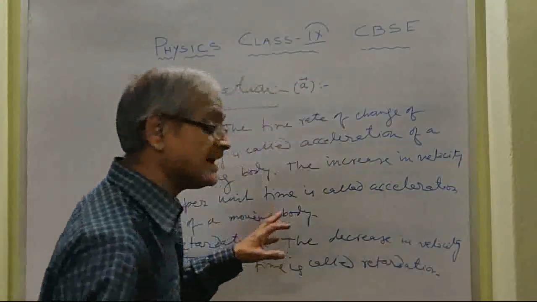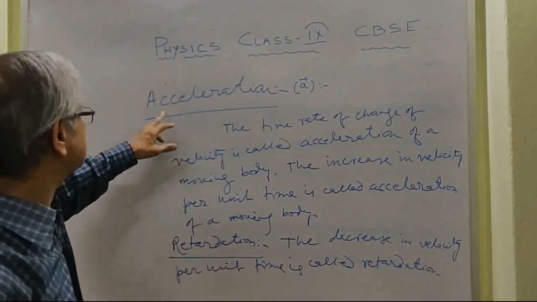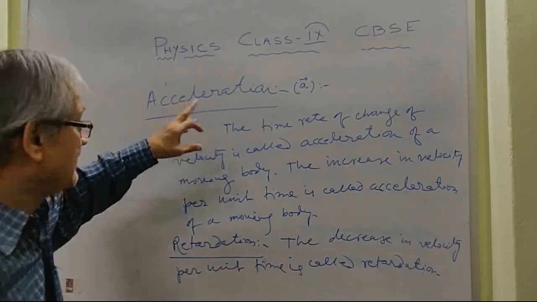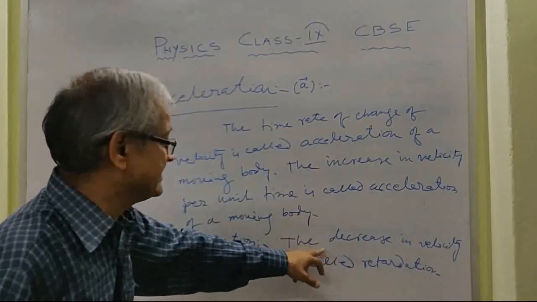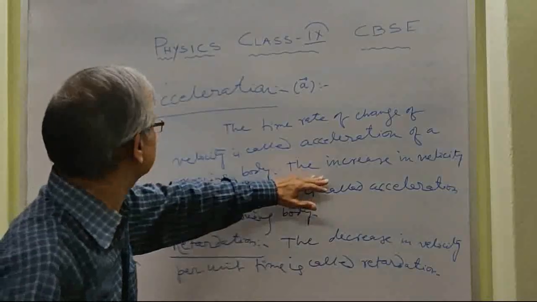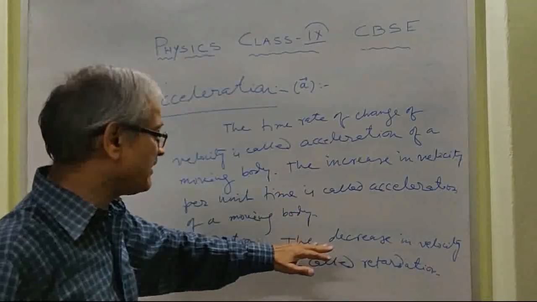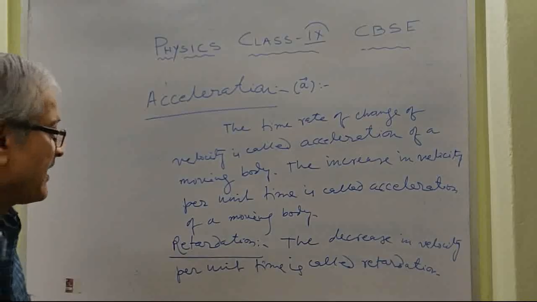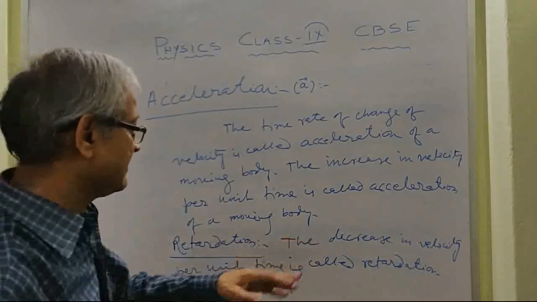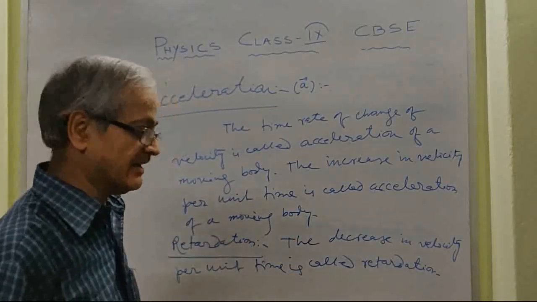So retardation is the negative of acceleration. Just increase, here decrease. Velocity increases in the case of acceleration and velocity decreases in the case of retardation. Retardation or deceleration.